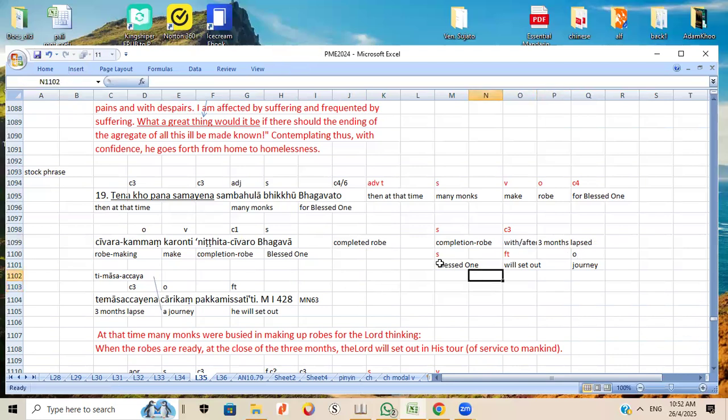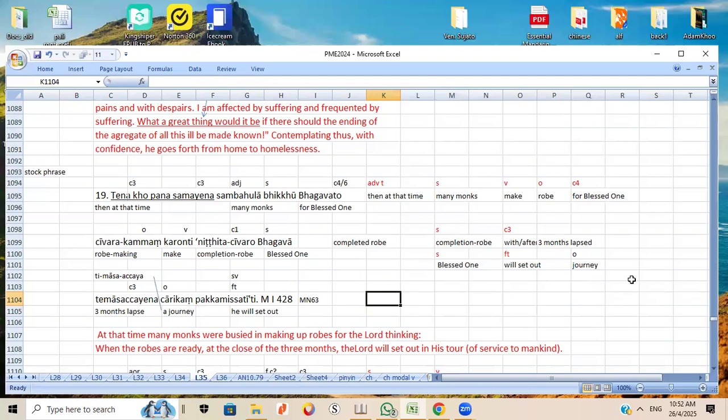So technically, after three months, the rope is done. The next one cannot join together with this, because you see here, this one becomes the subject and verb. Pakamisati, that means he will set out a journey.